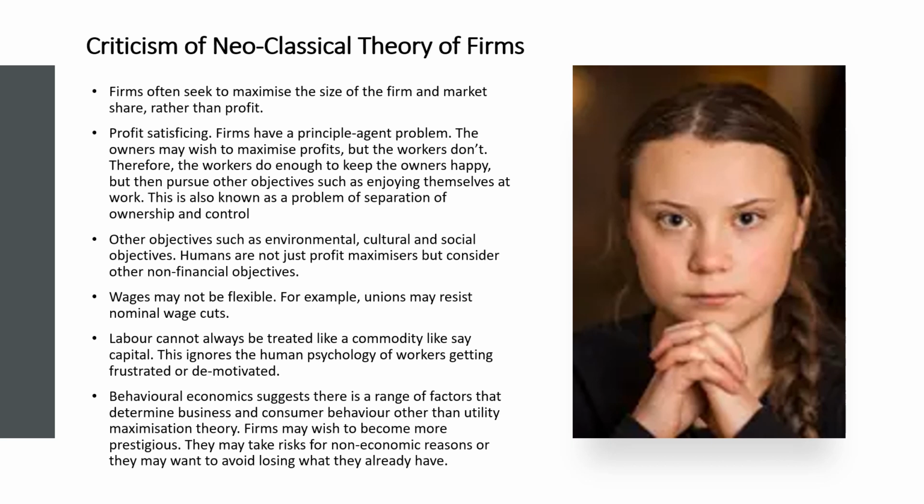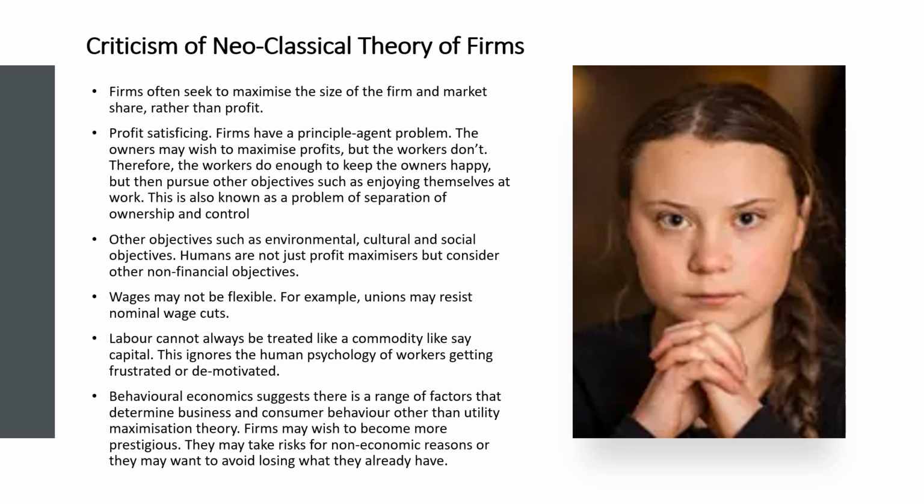The second criticism is what's called profit satisficing. And this is a perspective that firms have a principal agent problem. So the owners of the firm may wish to maximize profits, but their workers don't.